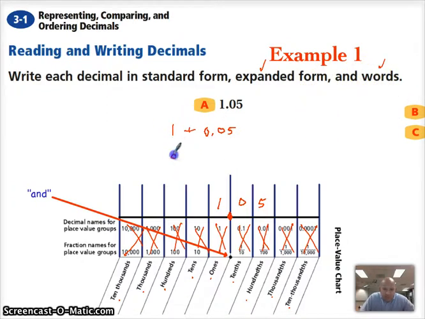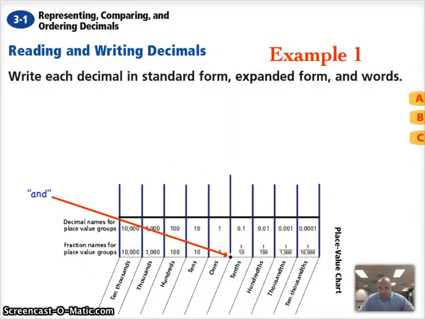We would write that as 1. The decimal point, as you can see by this arrow, is always referred to when reading it as "and." 1 and 5 hundredths. Expanded form, you're expanding it, you're spreading it out, and then in word form.